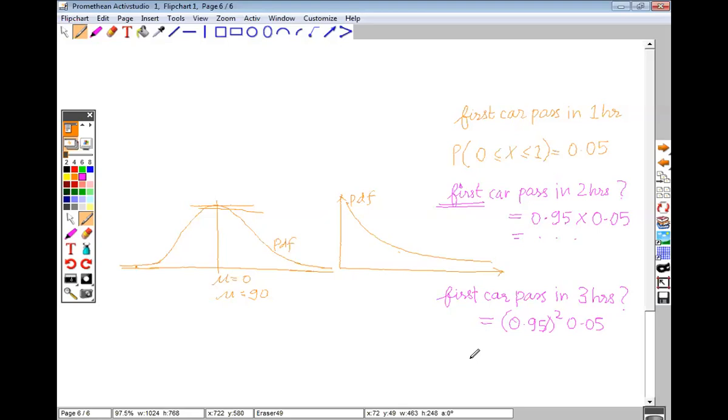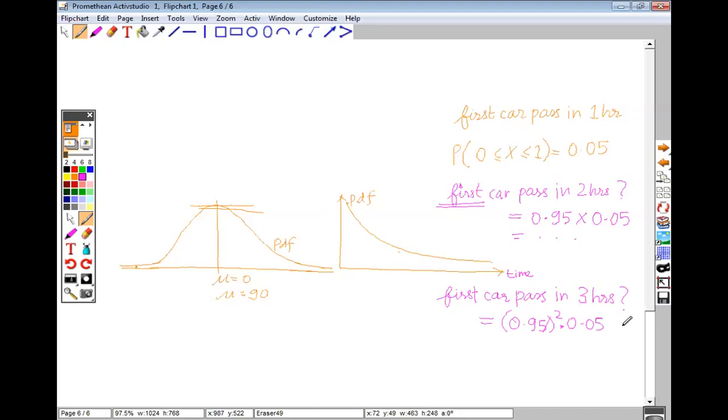So can you see what's happening as I'm increasing my x-axis here, which is time? Previously we had 0.95 times 0.05. Then we have 0.95 squared times 0.05. And next up we will have 0.95 cubed times 0.05.